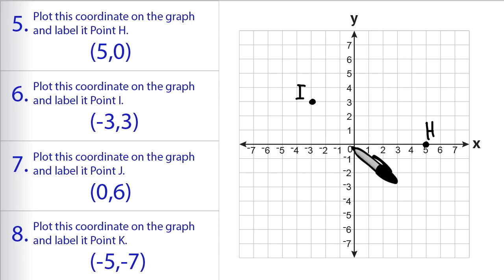So we start with a point at 0, and we move it 0 along the x-axis, so we leave it there, and then we move it 6 up in the y-axis. 6, right there is our point, and we label it J.